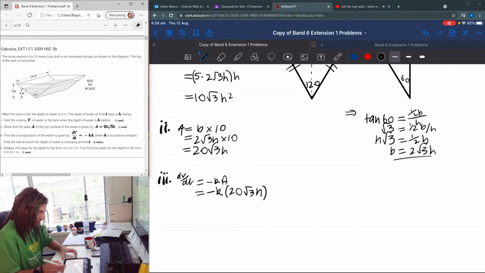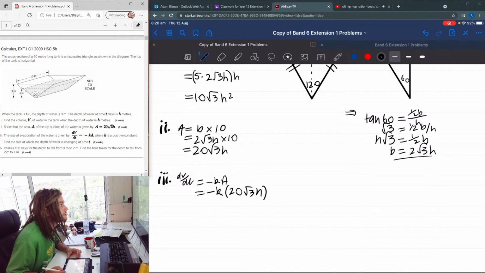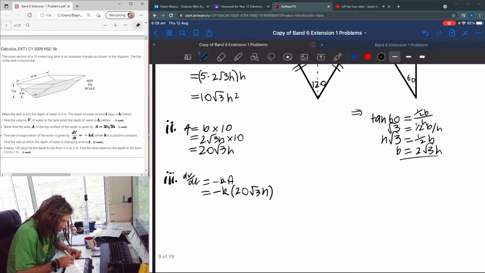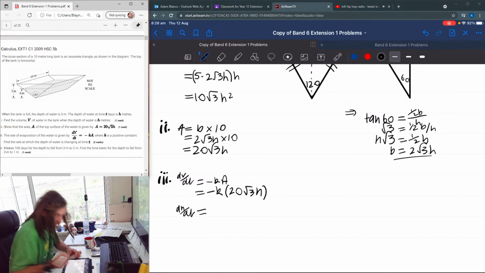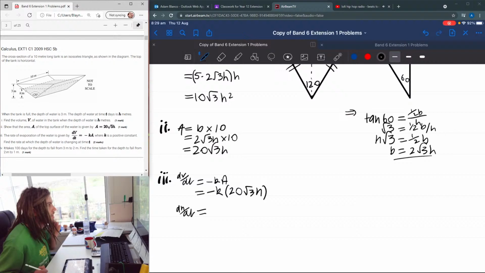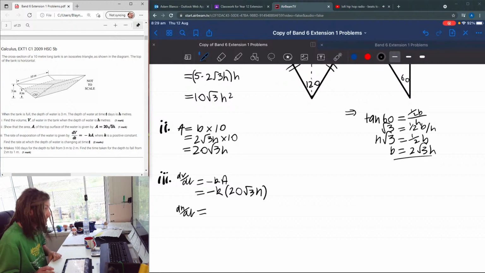Okay, now what does it want? It wants, find the rate at which the depth is changing. So the rate at which the depth, now the depth is H. So dH with respect to time is going to be equal to, now I don't have much information about any of this, so this is where you create your own chain rule.